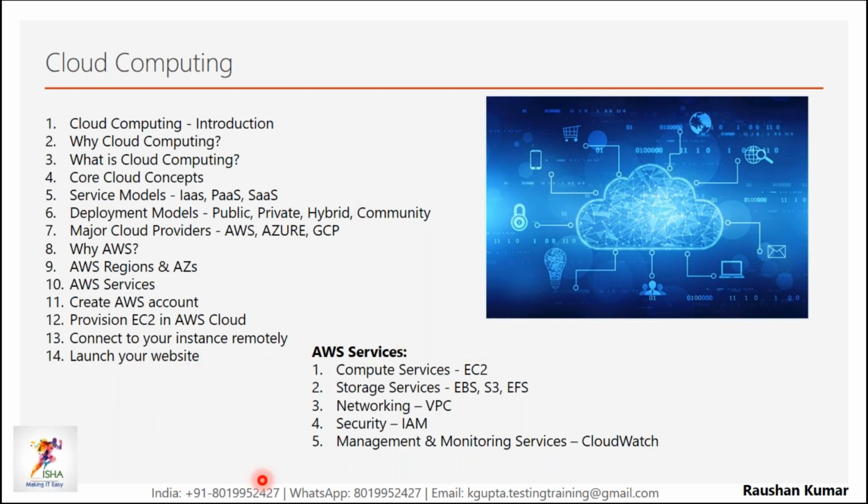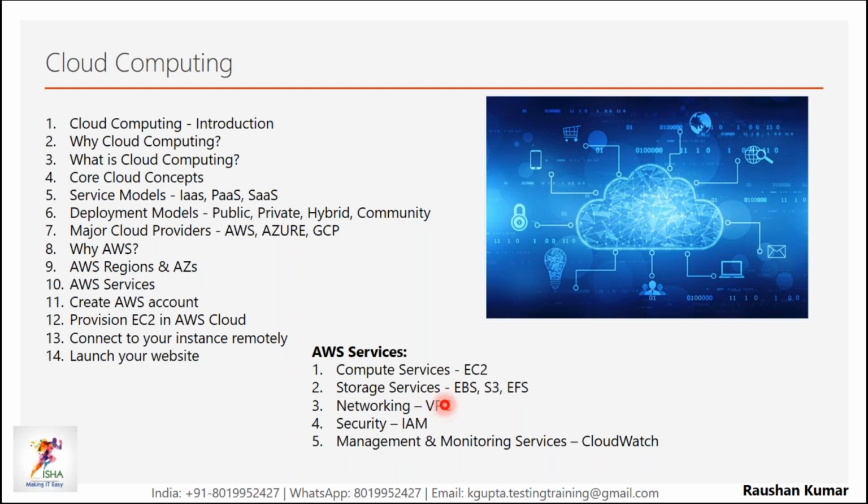And we'll talk about these AWS services in detail. What are EC2 compute services? That's the first thing AWS came up with, EC2. Back in 2006, they launched this first. That's just the Linux instance, or any OS instance. Then storage services: EBS, S3, EFS. We'll talk about networking, which is very important.